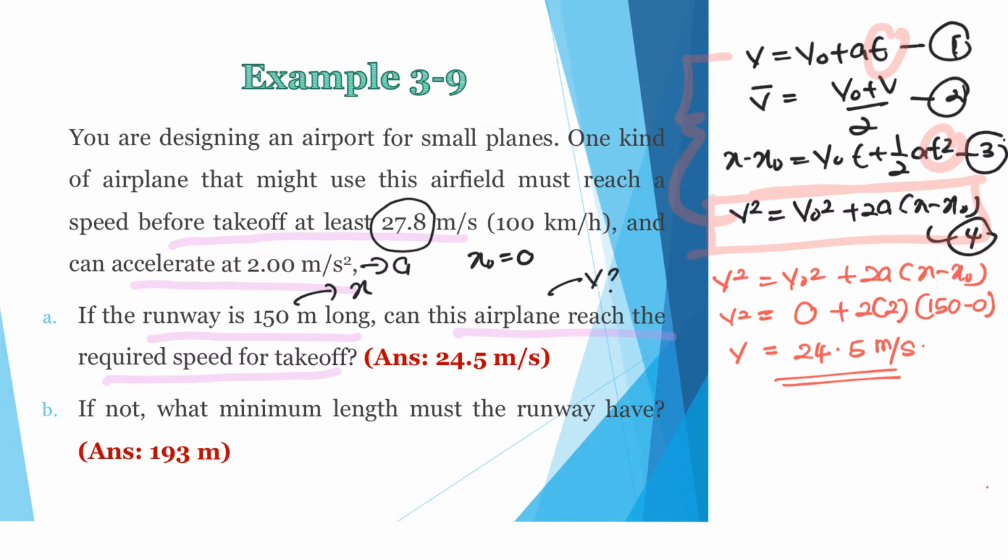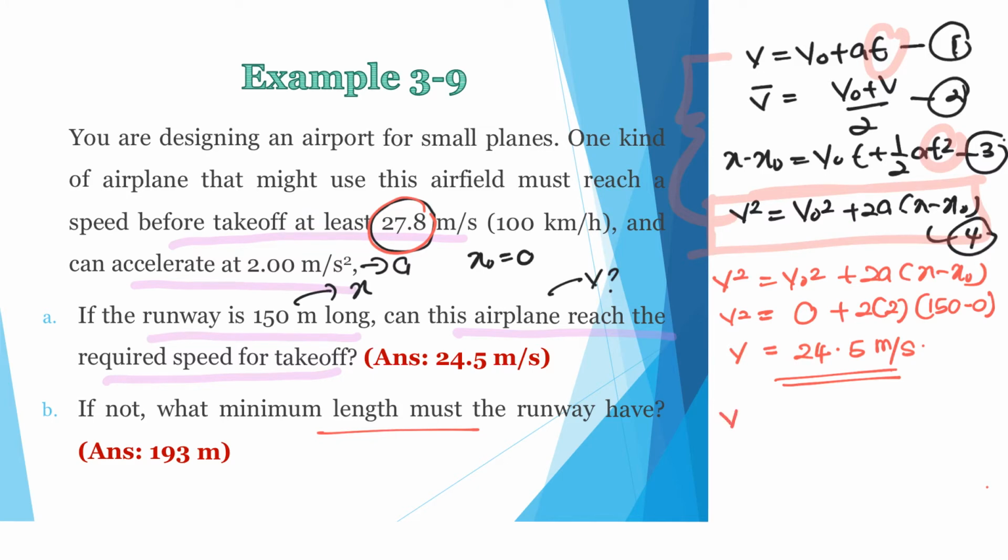What is the minimum length required to make sure that at least this airplane has a speed of 27.8? The question asks you to find length, but you need to use the velocity here. So the best formula is definitely the fourth one, the same formula, but now you are going to find s instead of v.